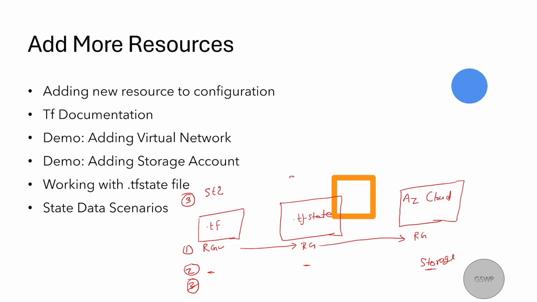We have this storage account 2 in our TF state, but somebody has deleted it manually in the cloud. If that is the case, then we cannot recreate the same resource again in the cloud, because whenever we try to deploy, our code will check the state file, and when it checks the state file, it says this is already present, so it will not deploy it.